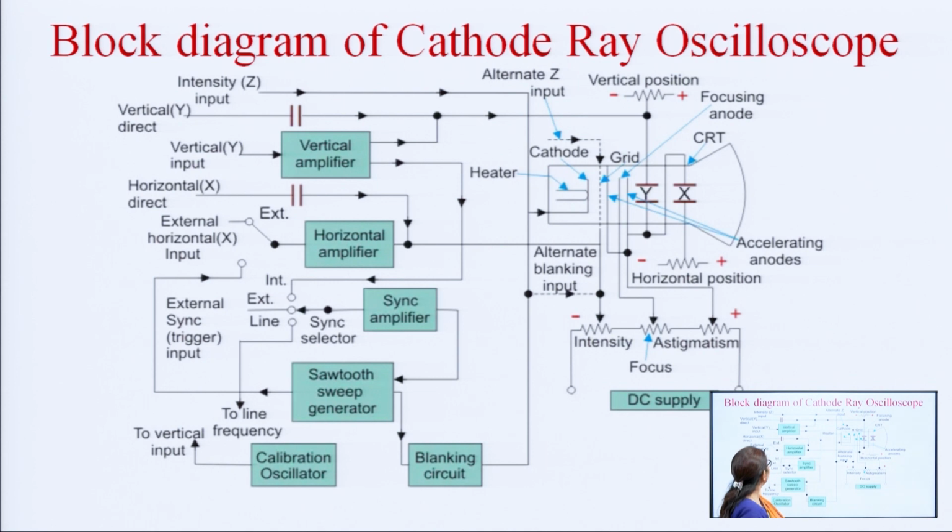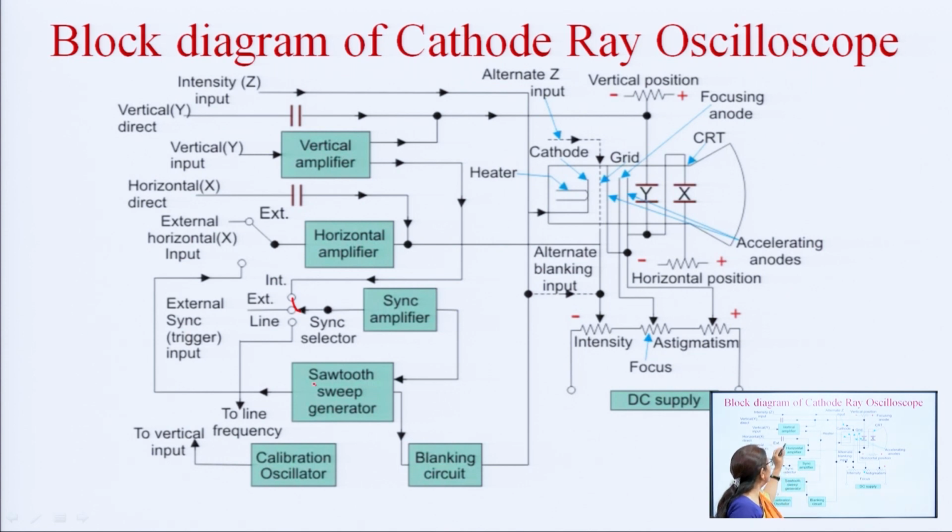If we want to synchronize the input signal by putting a portion of the input signal to the time base generator circuit, then this sync circuit is kept at the internal position here. At that time, we see the vertical deflection, the vertical amplifier is connected with the sync amplifier, and this sync amplifier is fed to the sawtooth sweep generator.